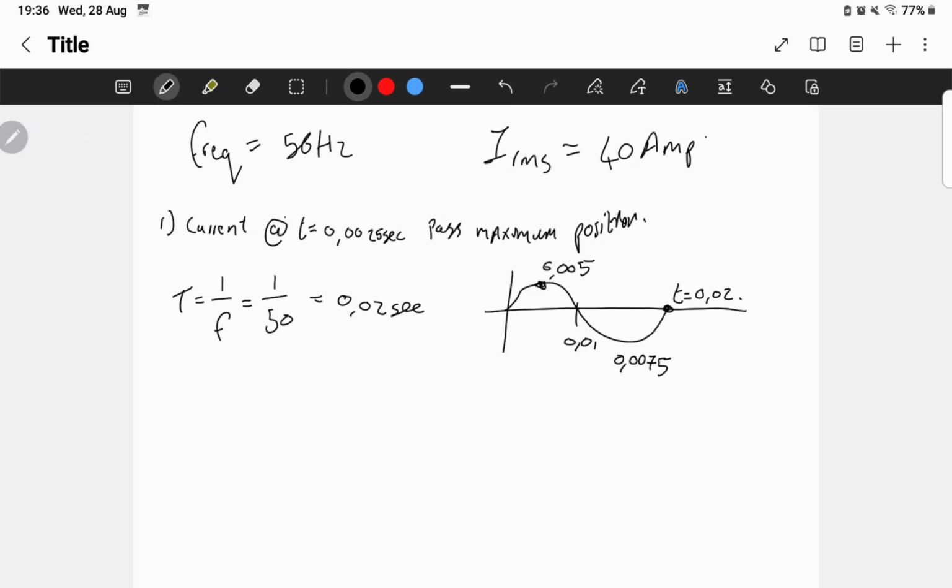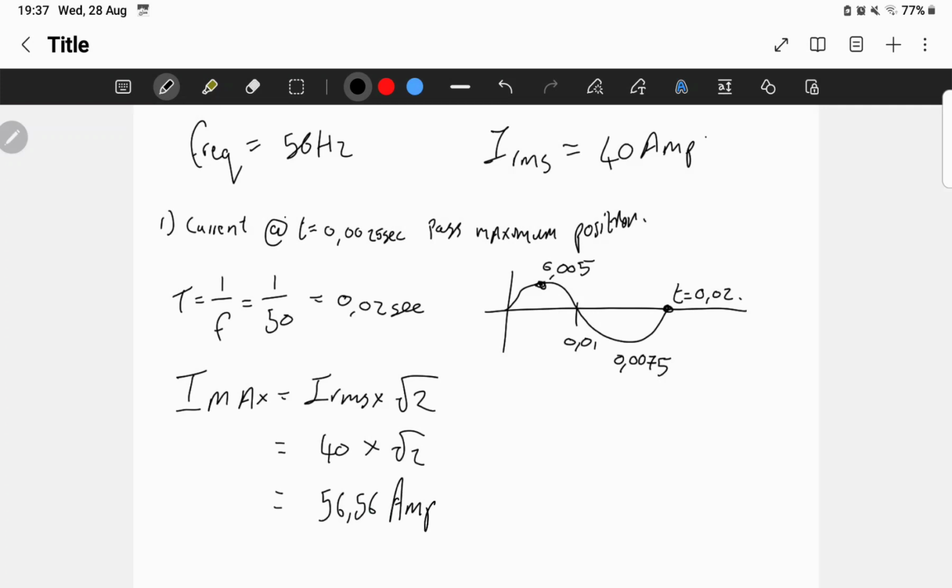Now we have to find our maximum current, so our I maximum is equal to the root mean square value multiplied by the square root of 2, to get our maximum. So our maximum will be 40 multiplied by root 2, which gives us an answer of 56,56 amps.